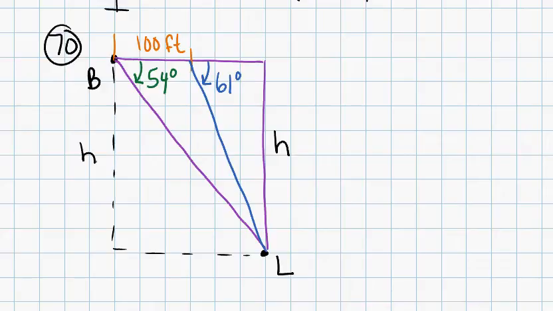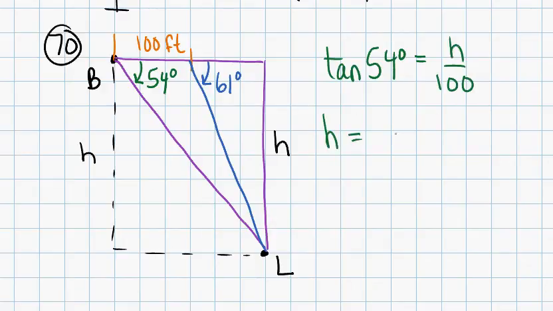So if you're back from pausing the video one more time, it helps if you think of this as two separate triangles. Starting with the triangle whose angle is 54 degrees, we can say that the tangent of 54 degrees equals h over 100, or h equals 100 tangent. This is wrong.